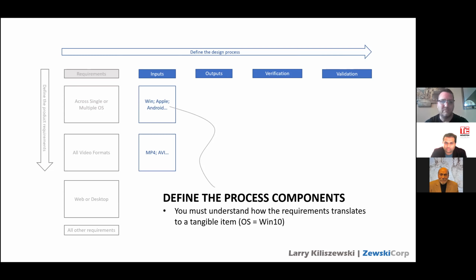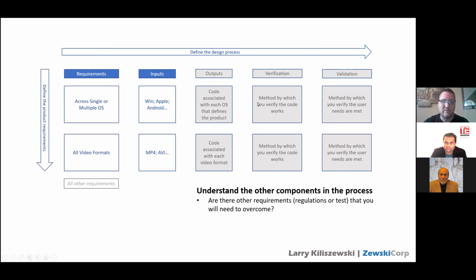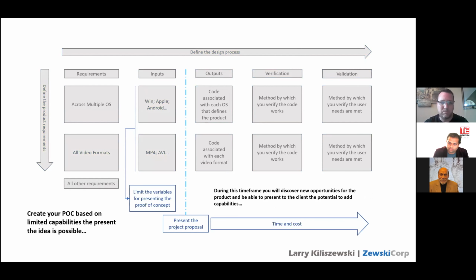So once you've defined those two aspects, you want to define the rest of your process, which is basically get some kind of understanding of what kind of coding you're going to need to use to develop the software, a method by which you're going to verify that your code works and that the process works, and then a method by which you're going to implement that with users to get users to give you feedback. And then you want to put all of that together into some kind of a program, like a plan for the customer.